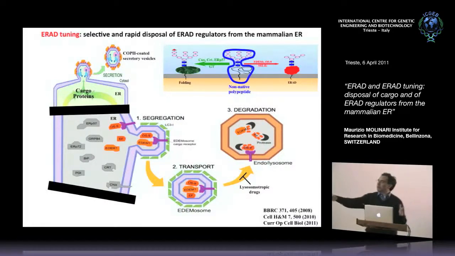Now, coronaviruses do not really need the content of the vesicles. We can deplete OS9 and EDEM from the cells, and coronavirus can replicate. But we cannot deplete, for example, SEC31, which is required for the formation of the vesicle. If you deplete SEC31, the infection cycle of the virus is stopped. So what does that mean?